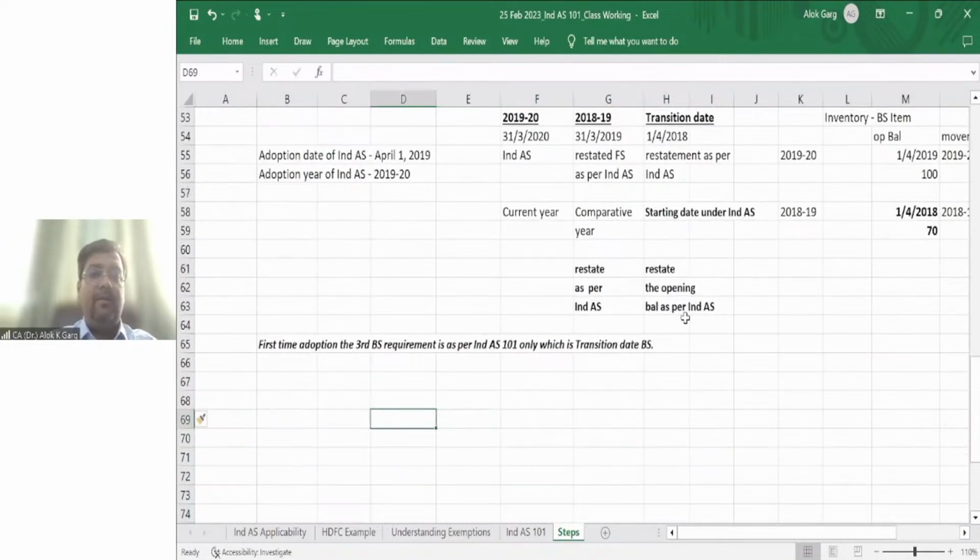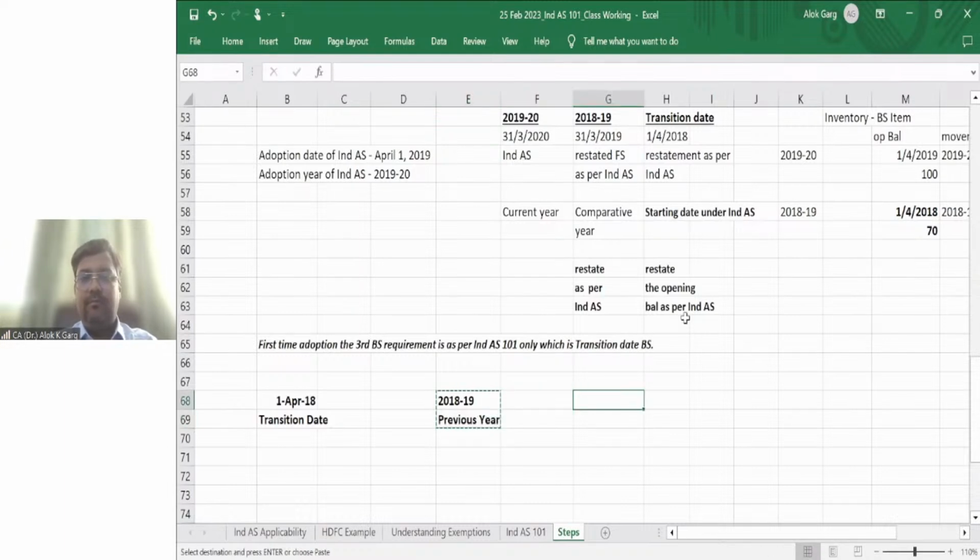In the same example, 1st April 2018, in my above example, 1st April 18, which is the transition date. 18-19, previous year. 19-20, current year.